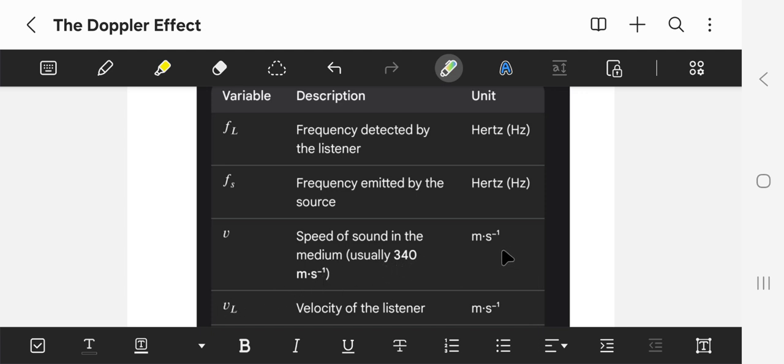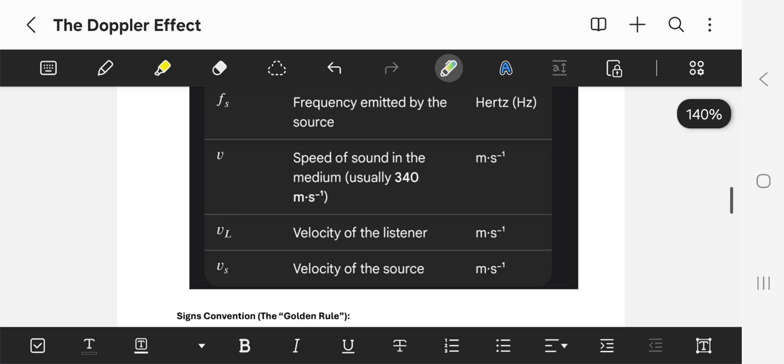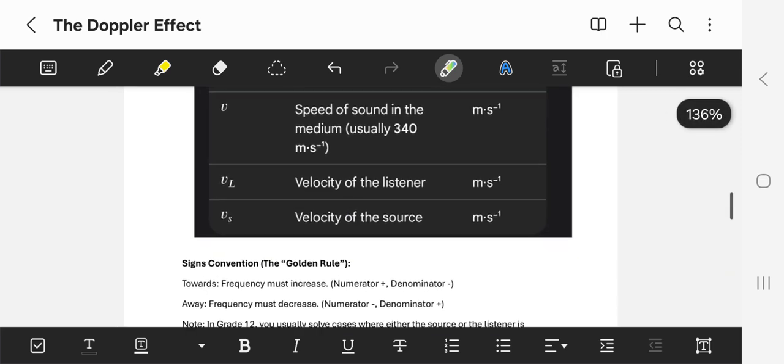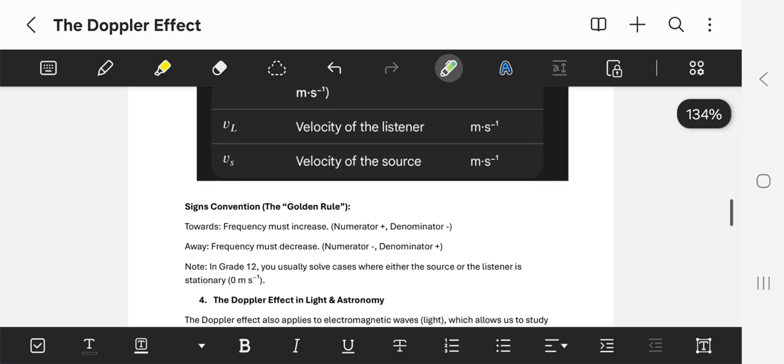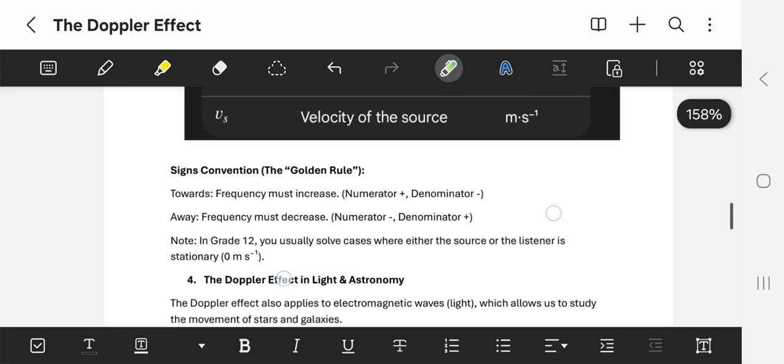It's measured in meters per second. And then we have VL. VL will be our velocity of the listener. Okay, and last but not least, we have Vs, and Vs will be the velocity of the source, also measured in meters per second.